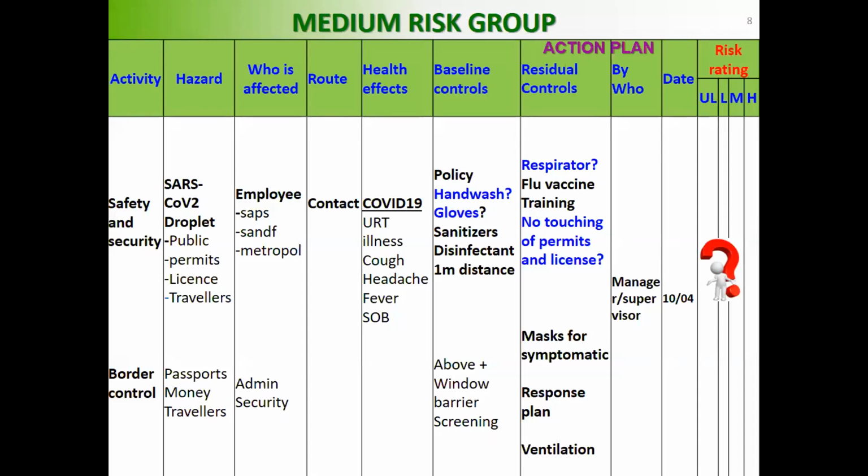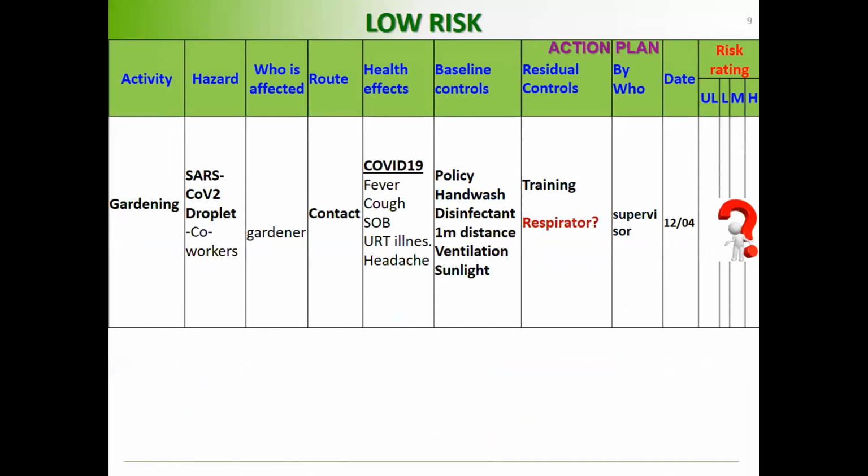If they are at close range with the driver, do they need a respirator? Or can we find another way of just sticking to the 1 meter distance to avoid exposure? So those are things to consider when putting controls. Then your low risk gardening, for example: they just work outside, it's open, there's enough natural ventilation, there's enough sunlight there.